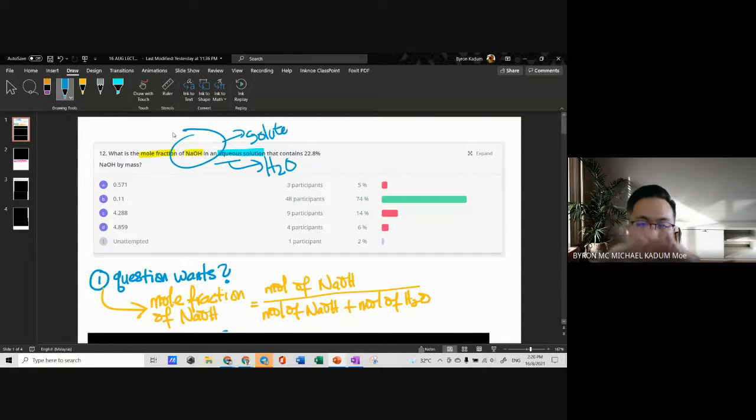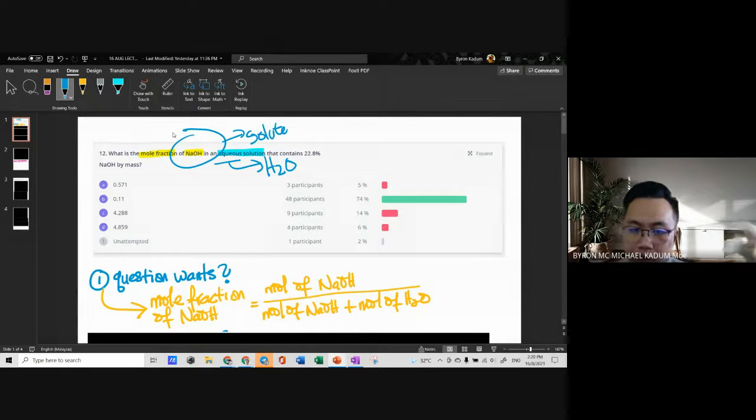On this earth, we have tons of solvent that we can use. But like what you have learned before, even before you reached matriculation, we know that water is the most universal solvent. Not only on Earth, even if you go outside in the universe, it's still the most universal solvent.